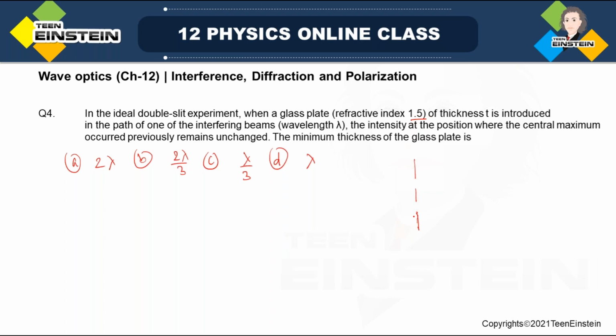Two interfering beams are there. One goes from here and another goes from here.